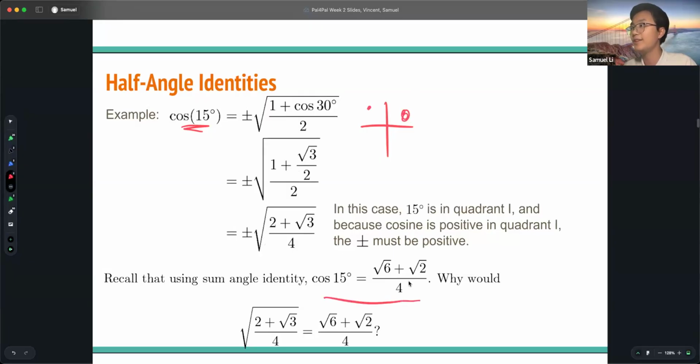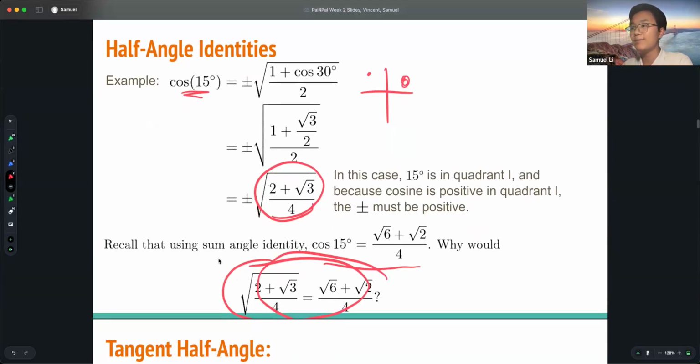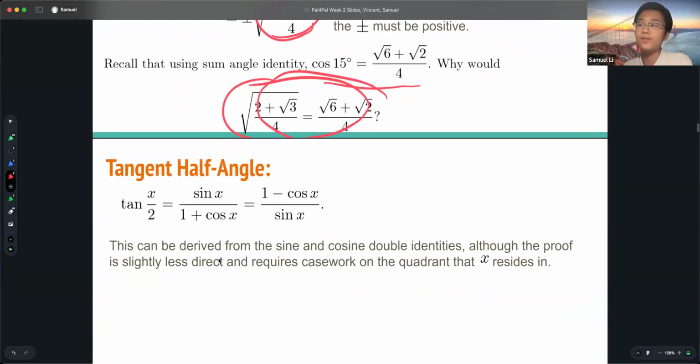So cosine 15 is equal to the square root of 2 plus root 3 over 2. And you can check that this equals root 6 plus root 2 over 4. Cosine 15 is a really popular angle that is tested in trigonometry, so sometimes it's better to memorize some of these angles.